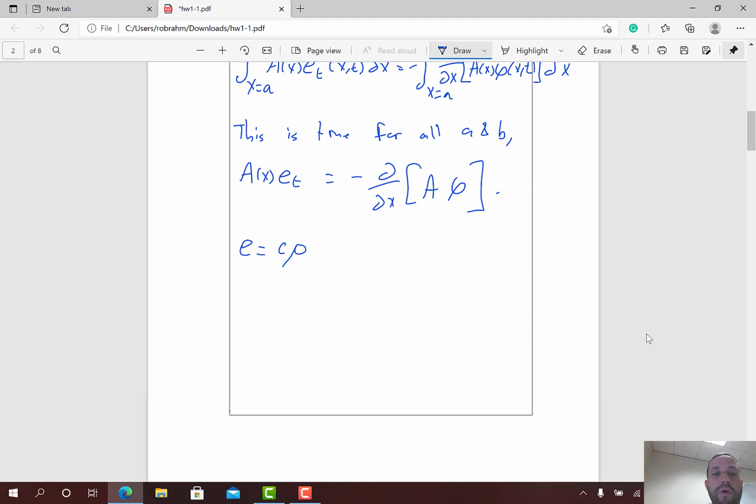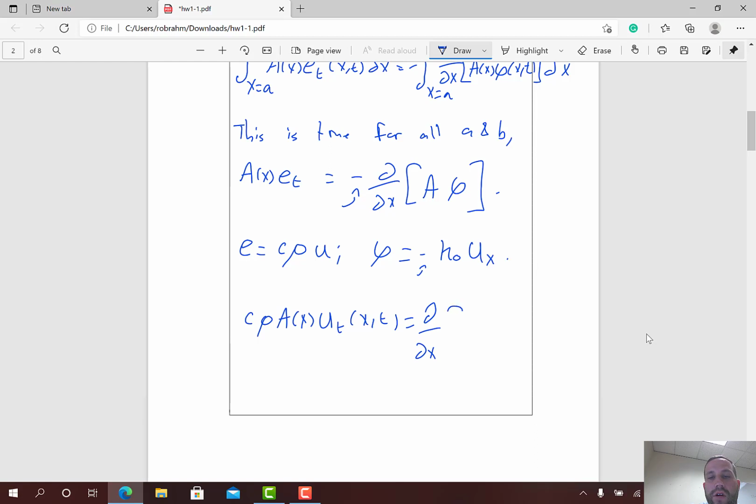So E is C times rho times u. And we also saw that phi is equal to minus k naught times u_x. Plugging this into the equation, we get C rho A of x u_t of x,t is equal to, and the minus sign cancels with the minus sign there, the partial derivative with respect to x of k naught A of x times the derivative of u.